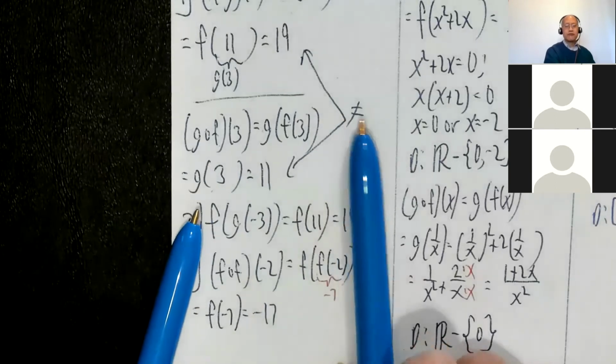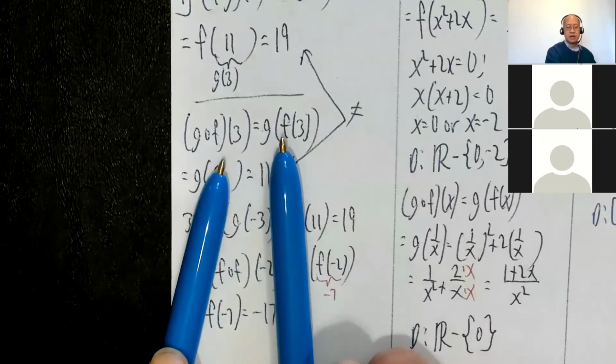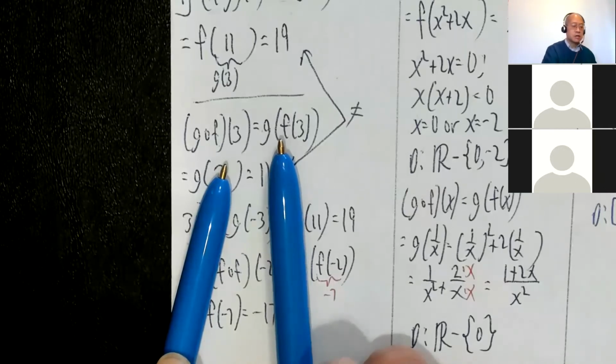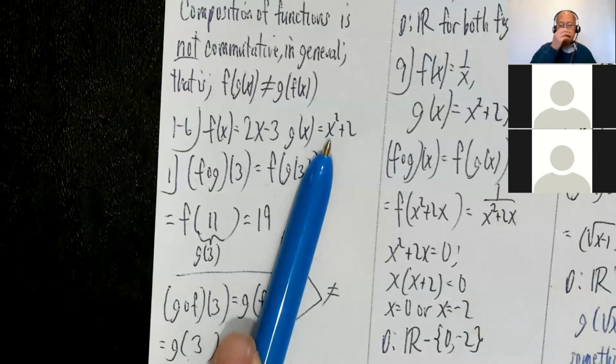Just say, what am I supposed to do first? G of -3. So, don't even look at this. Focus only on G of -3. And then I say to myself, can I do G of -3? Okay, that's not that bad. To the G function, plug in -3. -3 squared, 9. 9 plus 2 is 11.